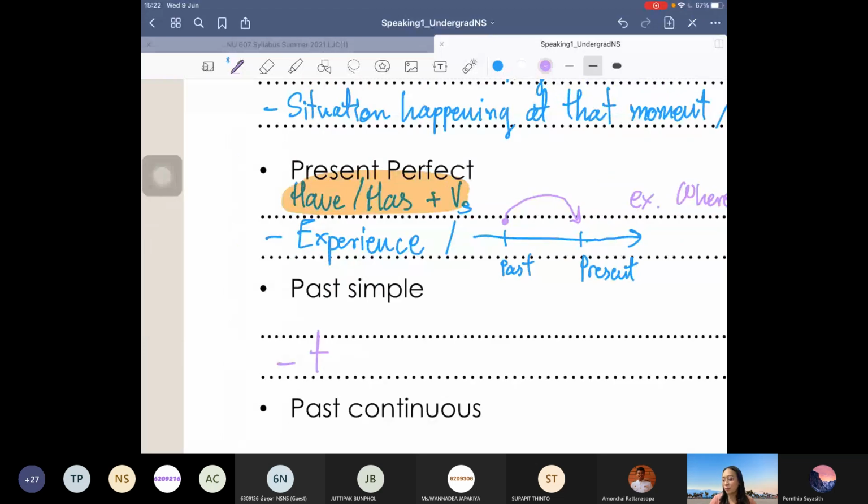Next, past simple. This is very easy and the simplest sentence, okay? Past simple, we use it to talk about the past, พูดเกี่ยวกับเหตุการณ์ที่เกิดขึ้นในอดีตแล้วก็จบแล้วแค่นั้นเอง. The structure of this sentence uses verb 2, verb ช่อง 2 เนาะ.